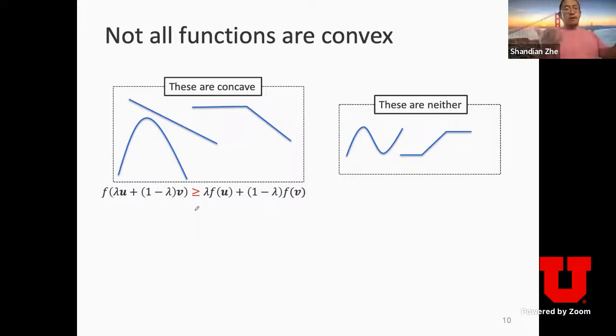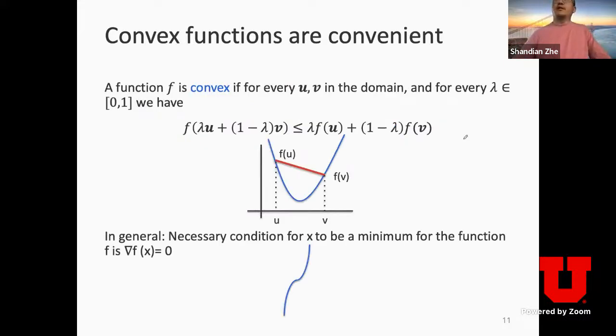So basically, you can turn all the convex functions upside down, and it becomes a concave function. But there are many functions which are neither convex nor concave, like something like this. Sine functions are neither concave nor convex. Or this one. It's not convex, it's not concave.